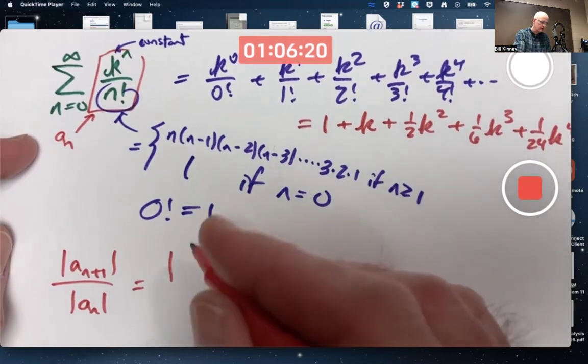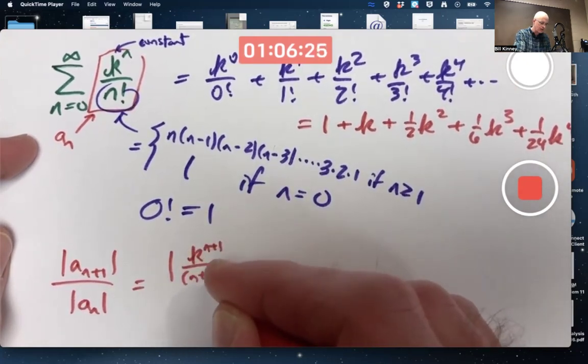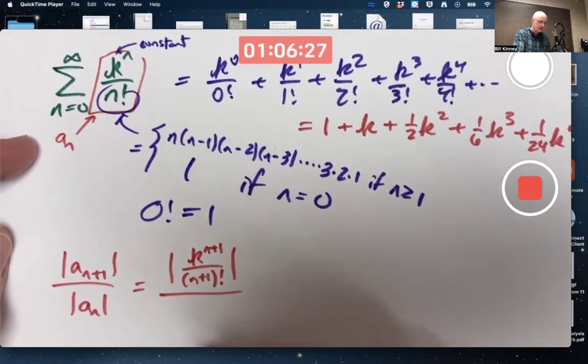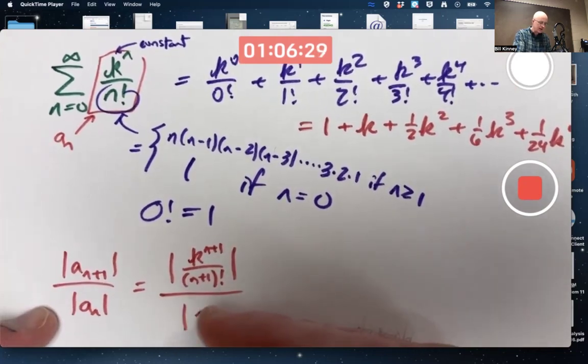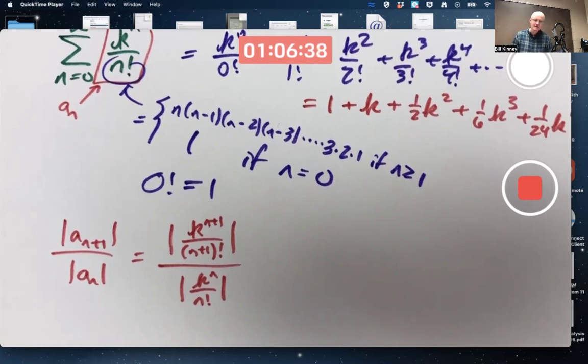That's what you do. So I get k to the n+1 over (n+1) factorial. With the absolute value of a_n itself, I get k to the n over n factorial. But this still seems kind of complicated. How do you deal with these absolute values, and fractions within fractions, and factorials? Ugh.